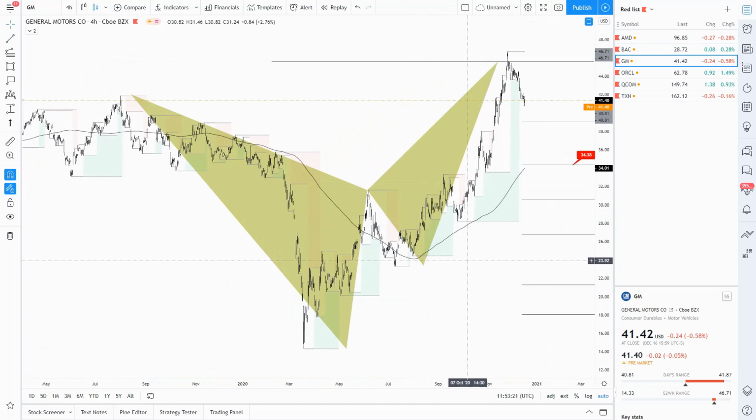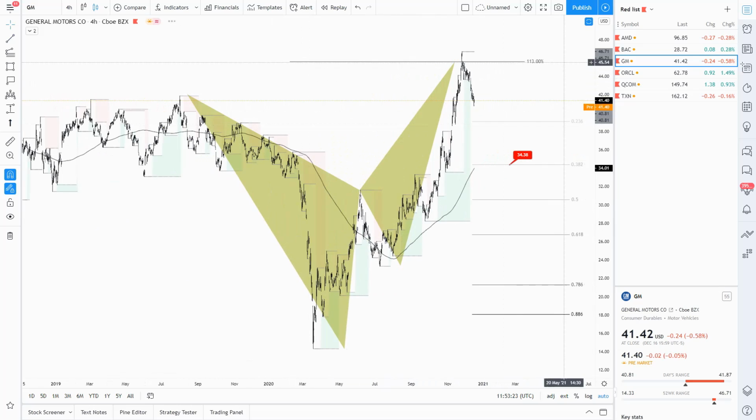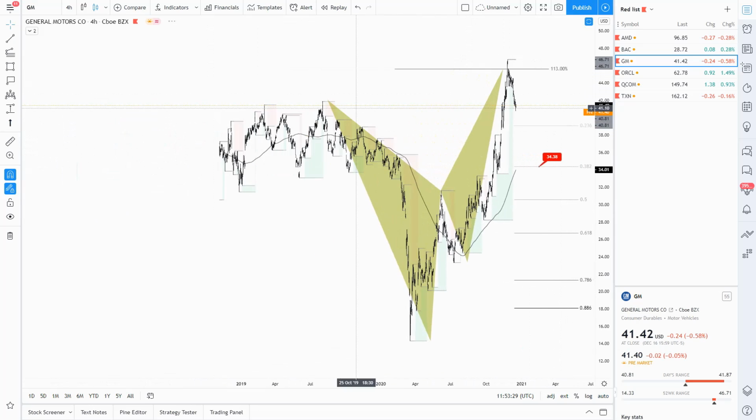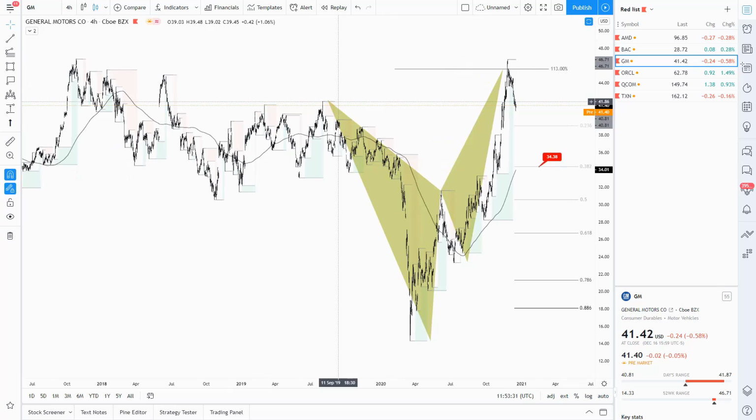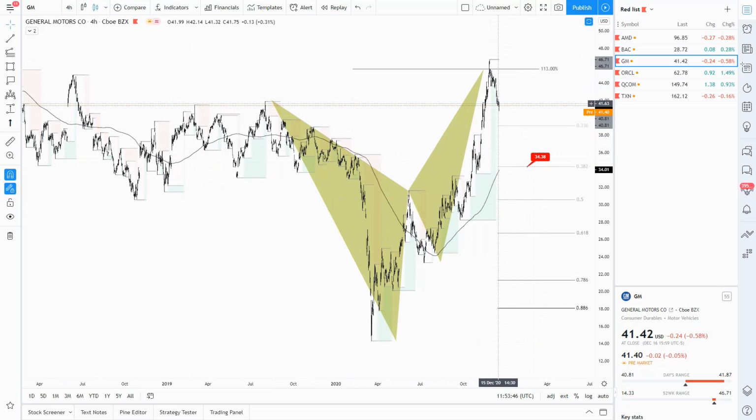General Motors, another one trading the 113% Fib. As we can see, the price has already started to react, a violation of the previous structure highs. In this case, we have also the price threatening the higher highs at 46.74, and the market decides to start to retrace.